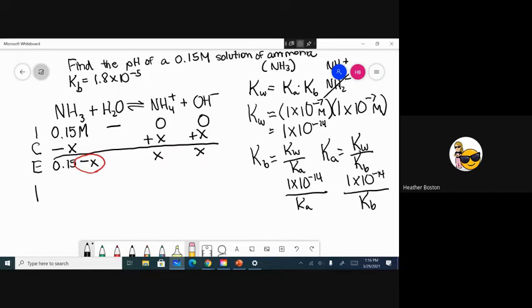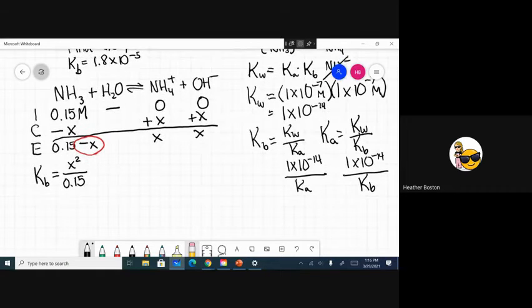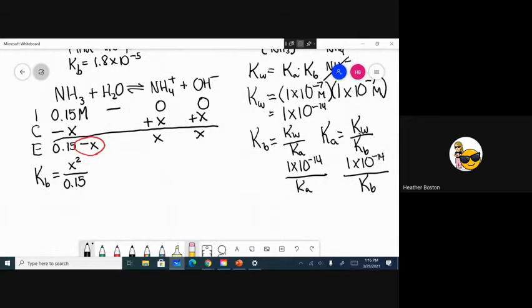So now we can do Kb is equal to products over the reactants, which would be x squared over 0.15. And remember, we're going to ignore the contribution of that x. So the general form of Kb is going to be the same as Ka, which is x squared over initial concentration.